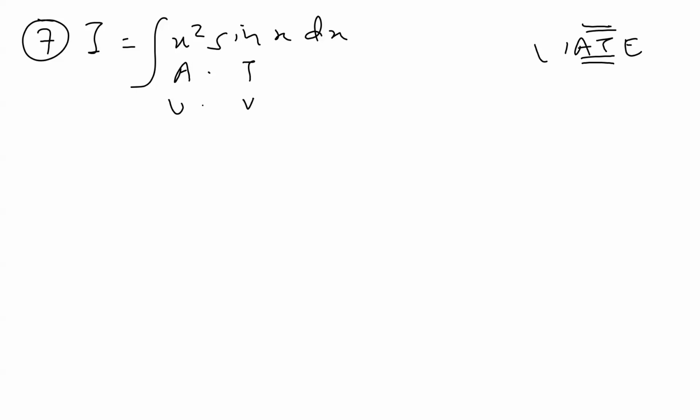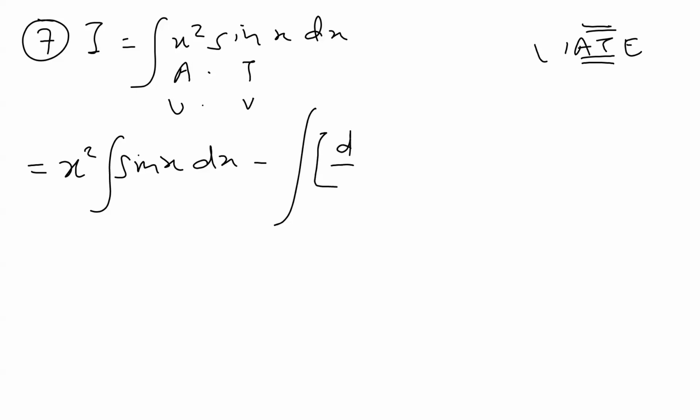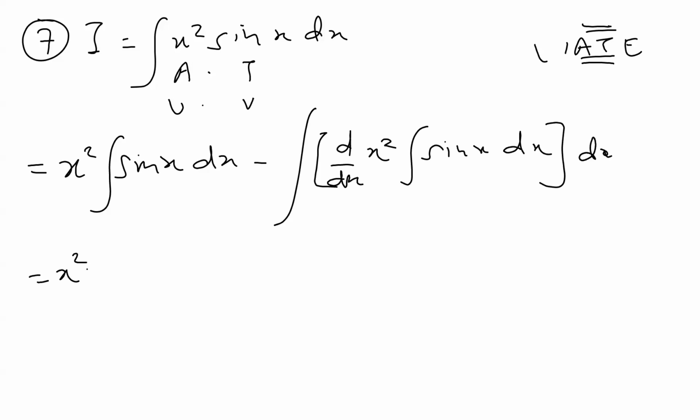So u is x square, v is sin x. So u integration v dx, minus bigger integration d by dx of x square, integration of sin x dx, bracket close, dx. X square into minus cos x, sorry, it's minus cos x, and no dx will come.